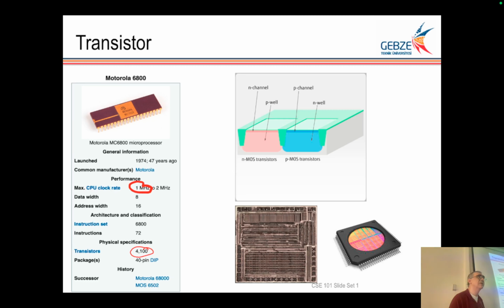It wasn't the first. It was one of the most successful microchips of all time. It was running at 1 megahertz, with 8-bit data and 16-bit address. It had 72 instructions and 4,000 transistors.